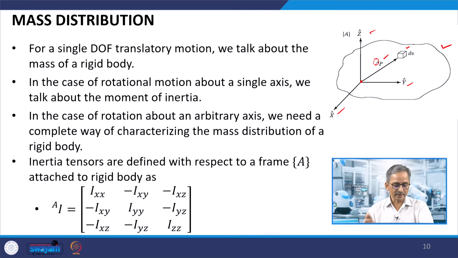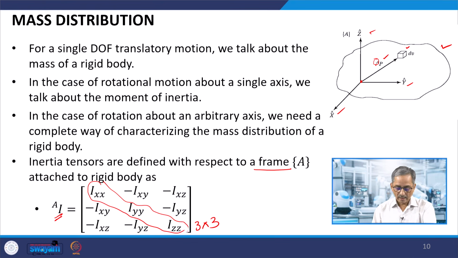The inertia tensor is defined with respect to frame A as I^A, and it is a 3 by 3 matrix. The diagonal terms are Ixx, Iyy, Izz, that is the moment of inertia about the x axis and so on, and then the off diagonal cross coupled terms are there.